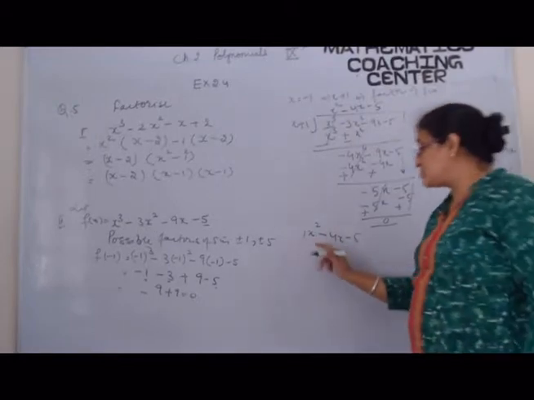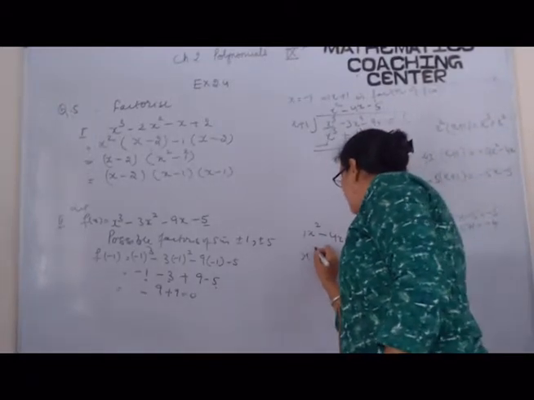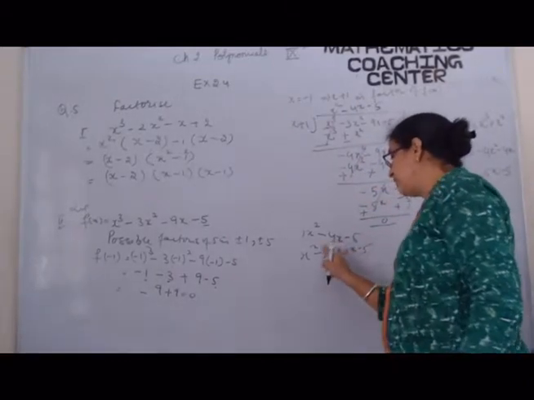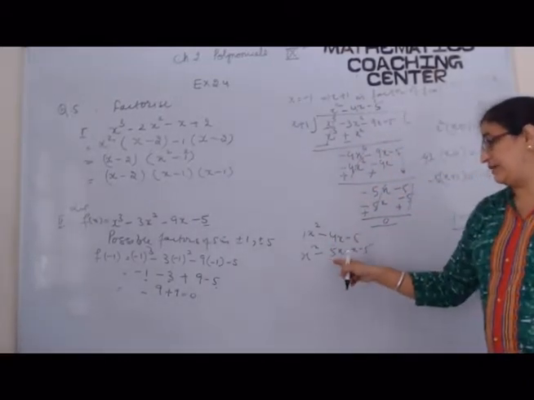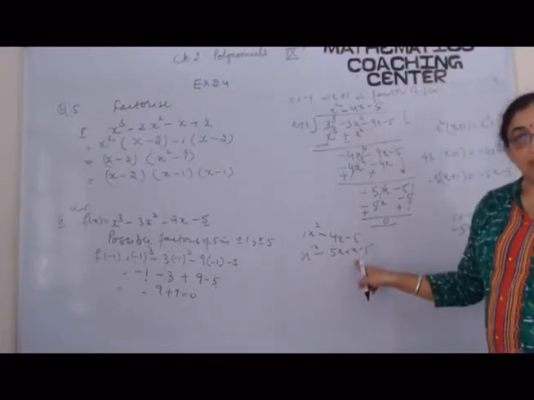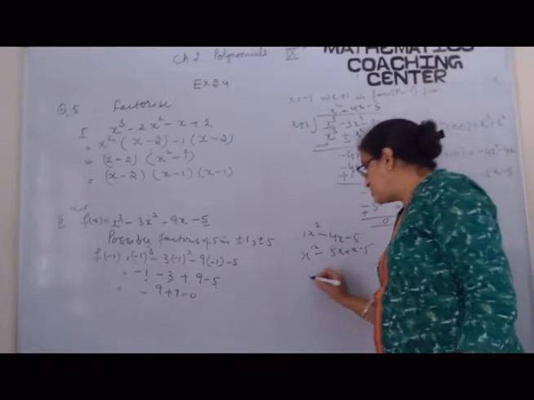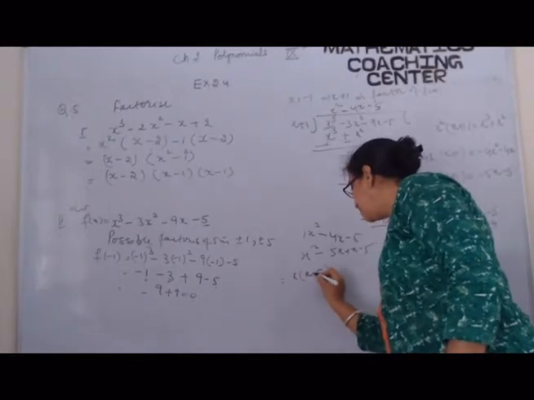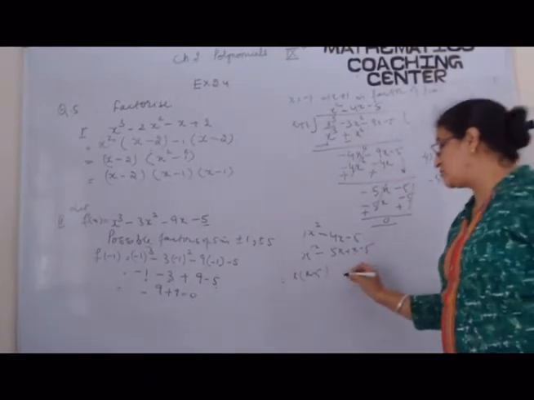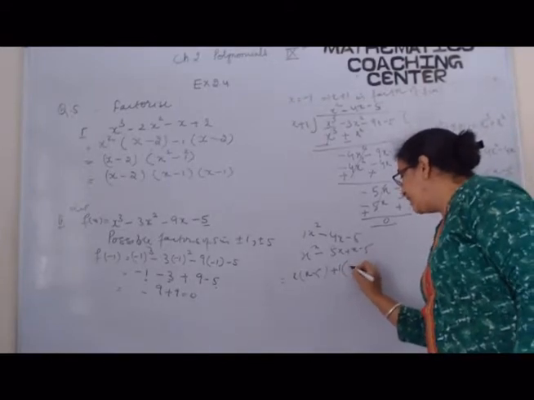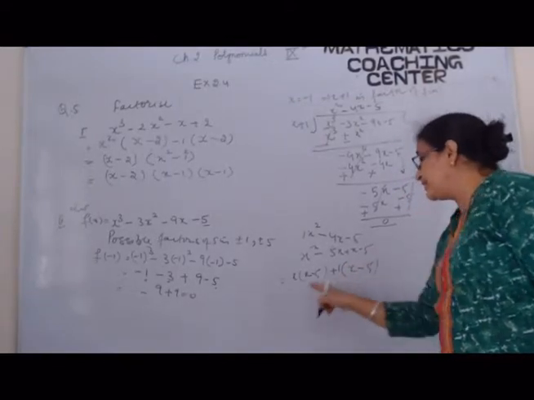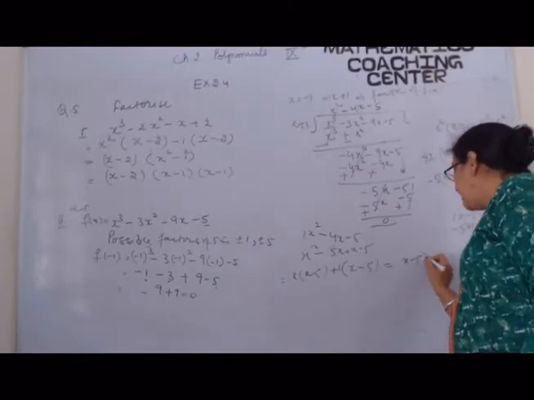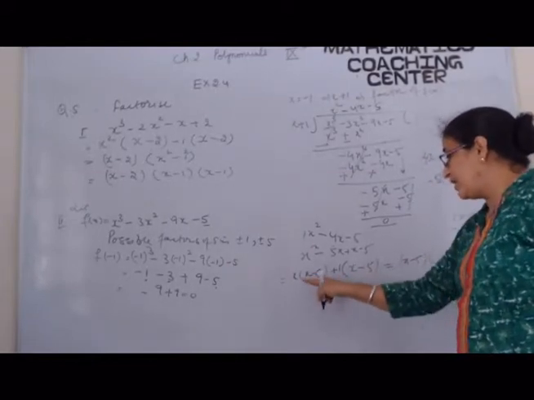So you can write this as x square minus 5x plus x minus 5. You can write minus 4x as minus 5 plus 1x. Okay, now you can take x outside. This is x minus 5 and this is x minus 5, and taking 1 outside, x minus 5. Taking outside x minus 5, the remaining are x plus 1.